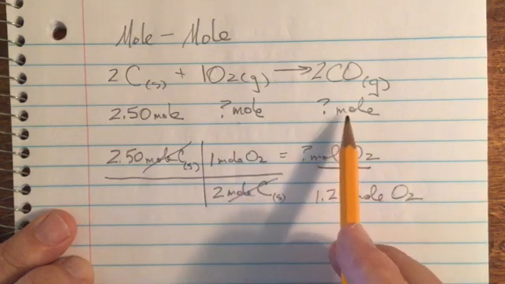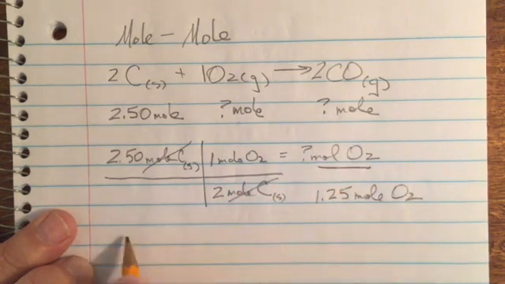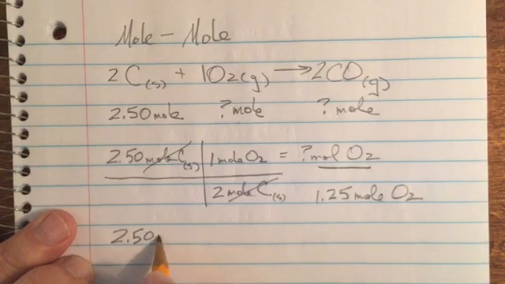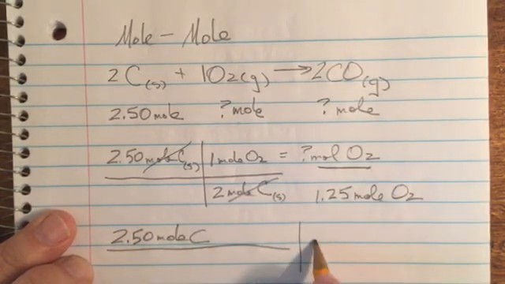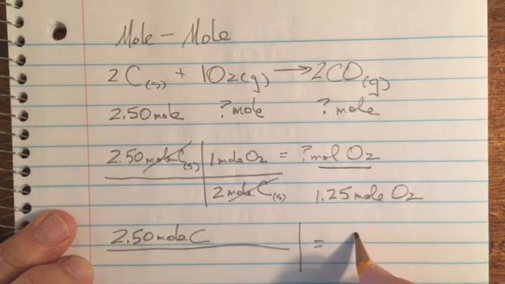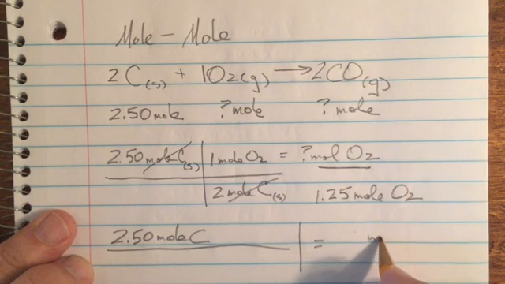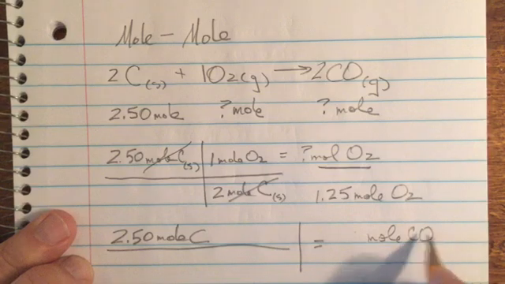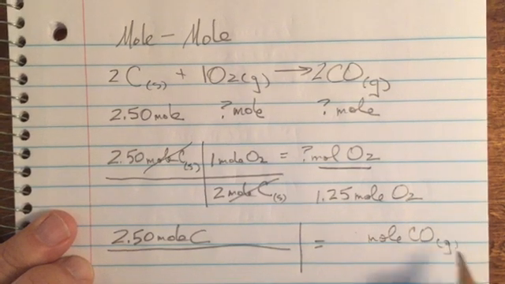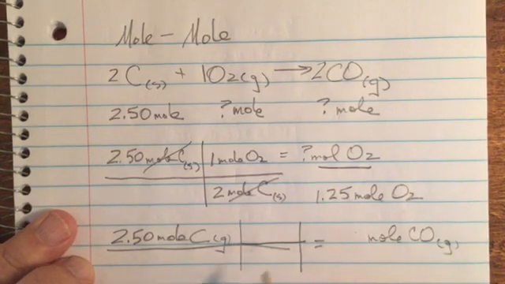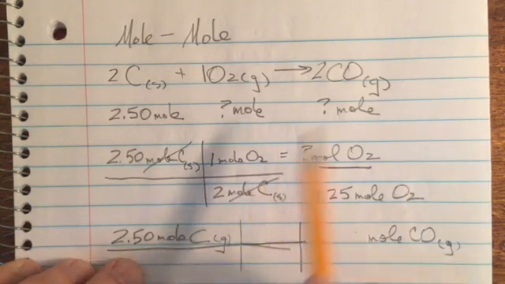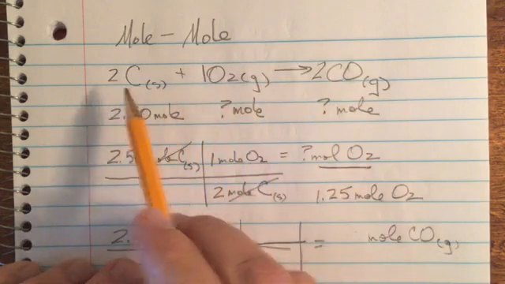And how much CO will you produce? Well, let's start over. If we have 2.50 moles of carbon, we want to find the number of moles of CO. We multiply this time by the unit factor of this ratio, 2 to 2.